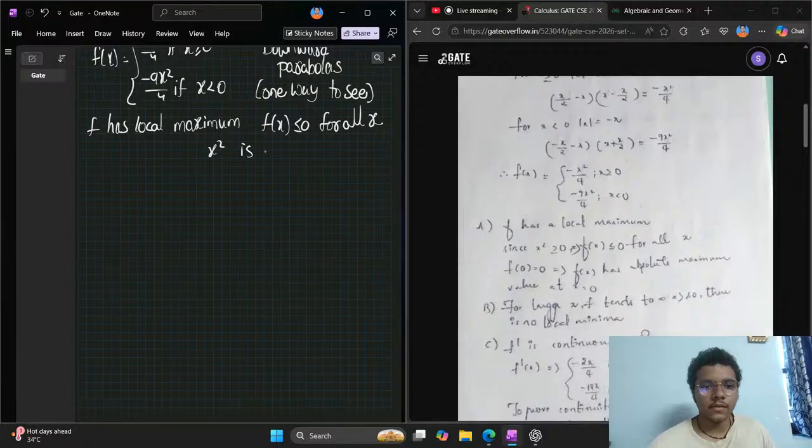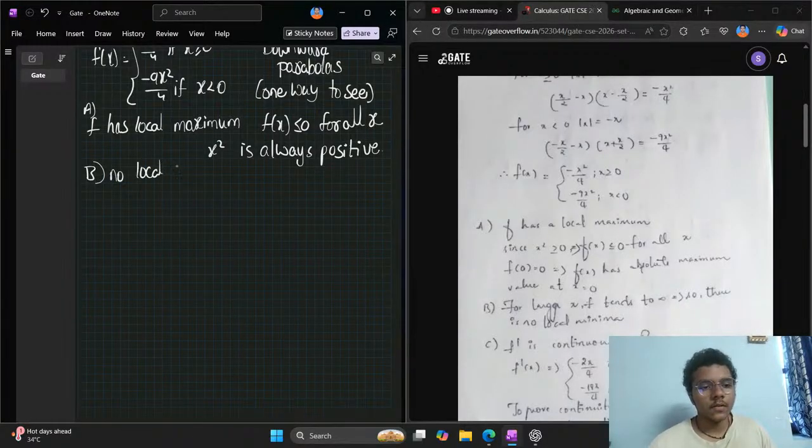X square is always positive. Okay, that is correct. And for b, no local minimum.